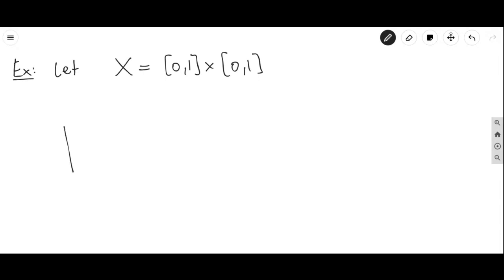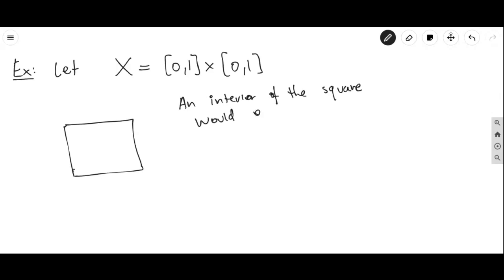Now, to show some more interesting examples, here's another example. So let x be the closed unit interval. Here we can actually create a nice family of examples. And what we'll do is, as before, an interior point of the square would only be related to itself.